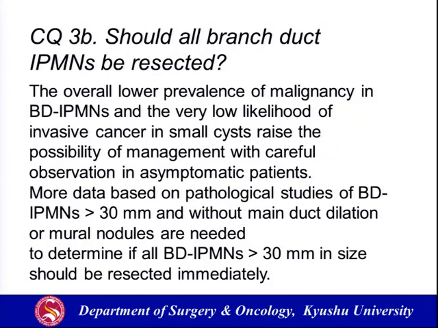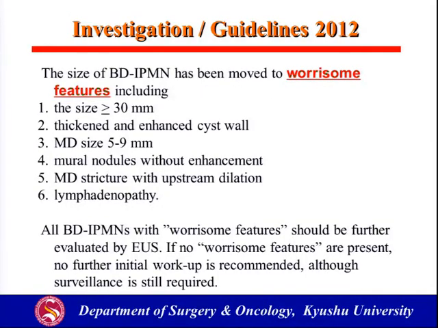ignored. So Fukuoka guidelines have made a different category of worrisome features to promote further evaluation, and the cyst size greater than 30 millimeter has been moved to this category, worrisome features. The other worrisome features include thickened and enhanced cyst wall, main duct size of 5 to 9 millimeter, mural nodules without enhancement, main duct stricture with upstream dilation, and lymphadenopathy.